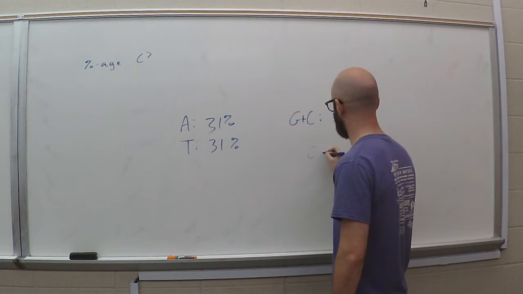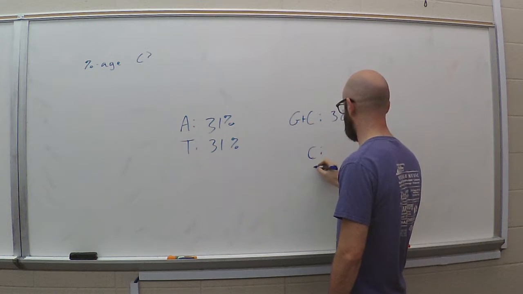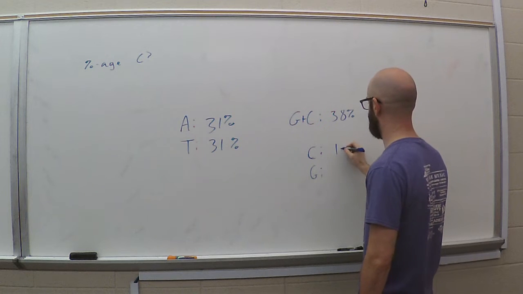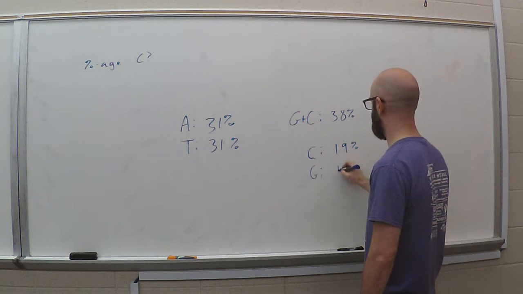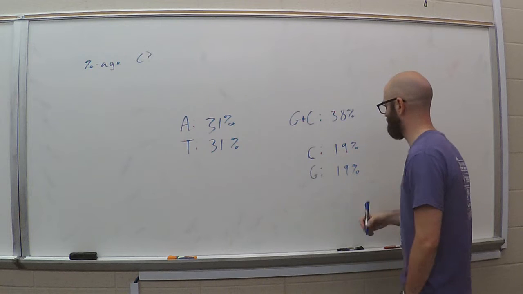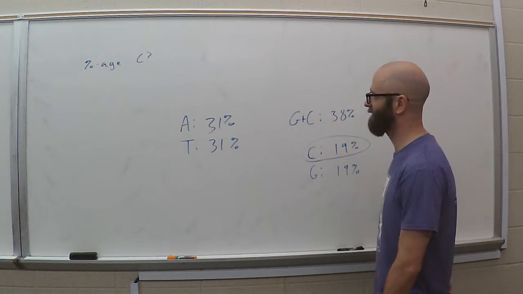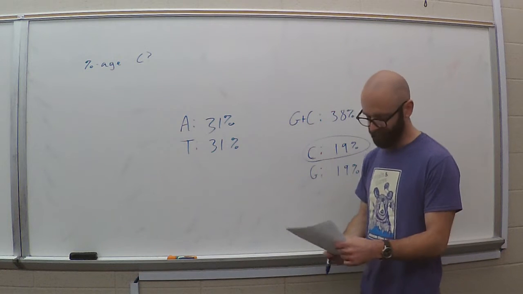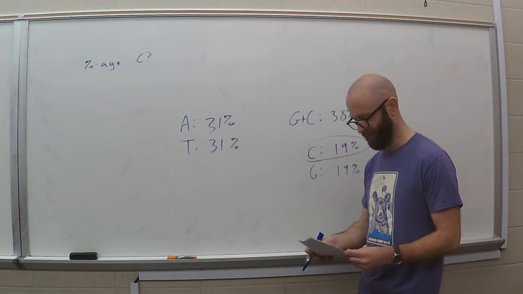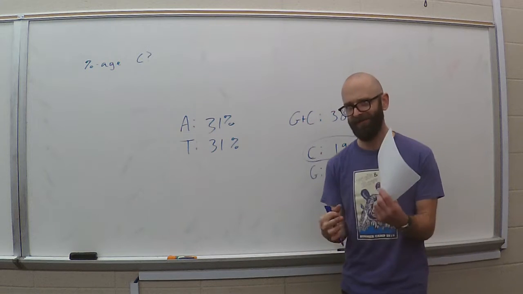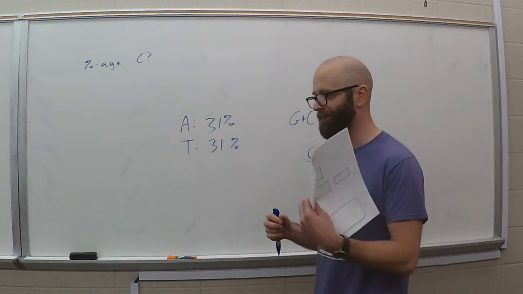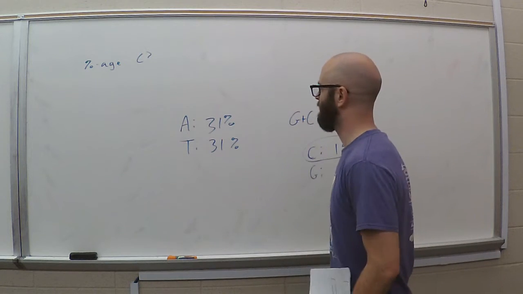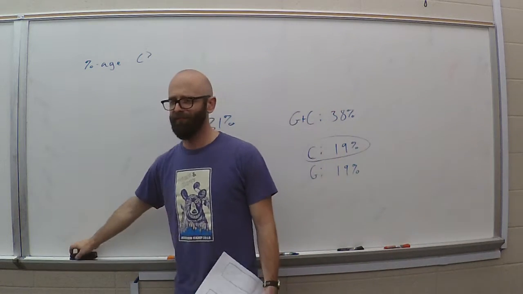So that means that half of that is going to be C and half of it's going to be G. So you're looking at 19% and 19%. So 19% of that double-stranded DNA is going to be cytosine. Real simple. But to answer that kind of question, you have to understand the base pairing relationship. So you just have to put on your problem-solving hat and use what you already know to figure it out. It's pretty simple.